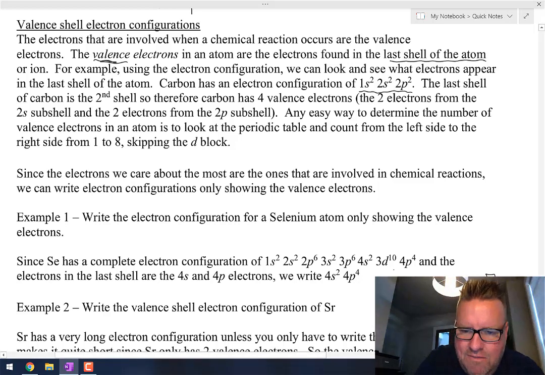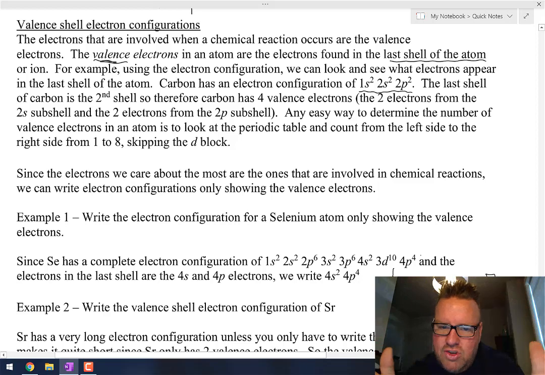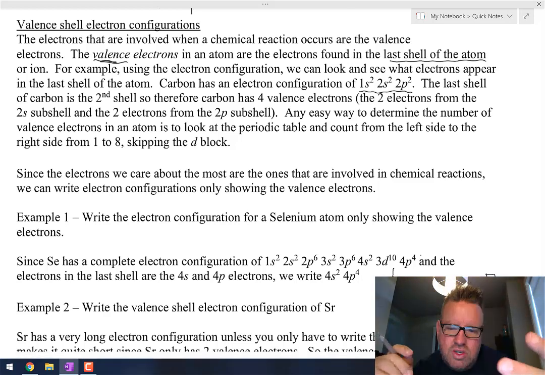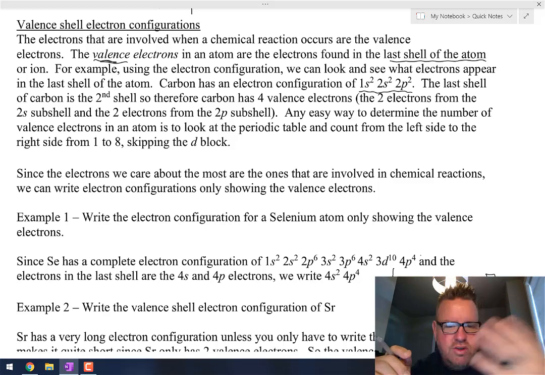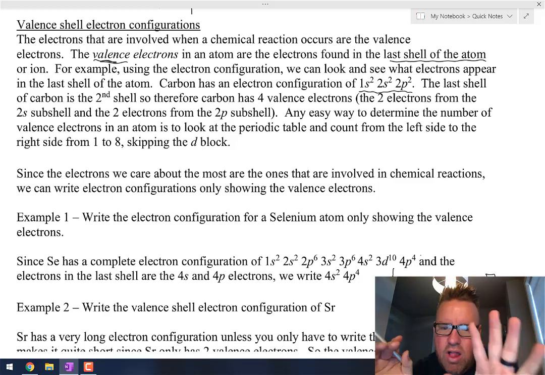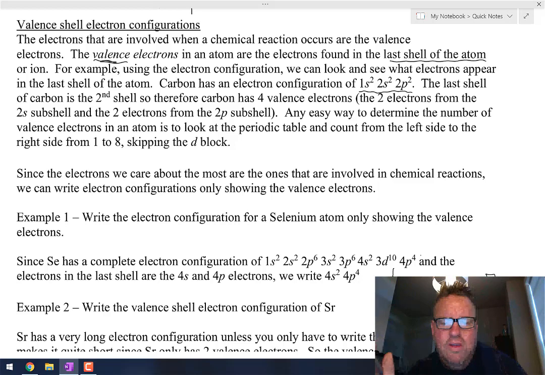That means that every single atom in that first column has 1 valence electron. And then when we jump over to the next column right here, all of those have 2 valence electrons. Why? Well, think about their electron configurations. They all end in 1s2, 2s2, 3s2, 4s2, 5s2, right? So they all have just the 2 valence electrons.